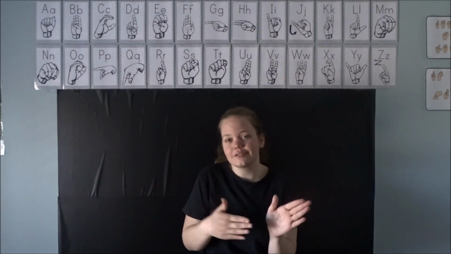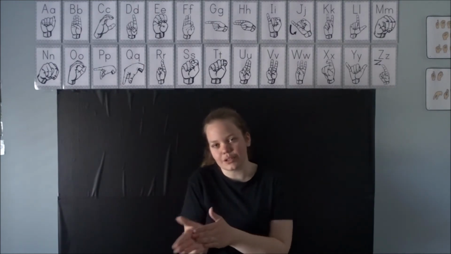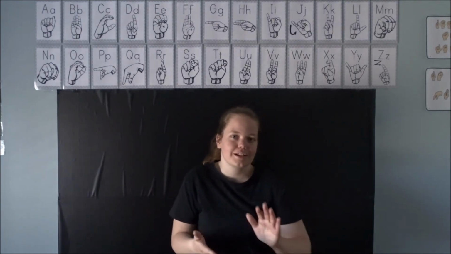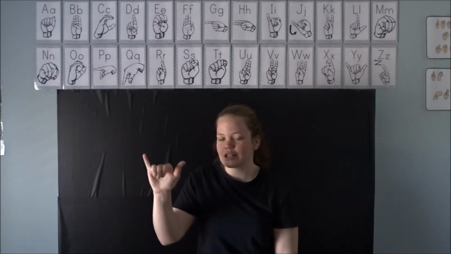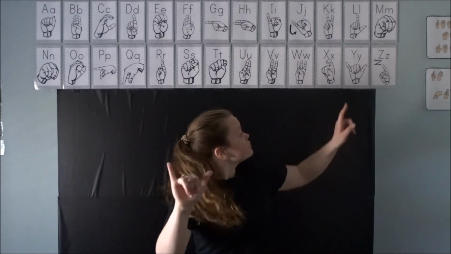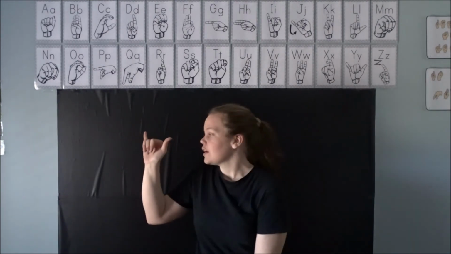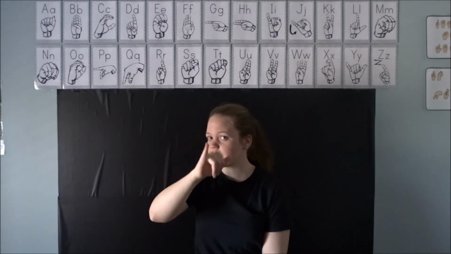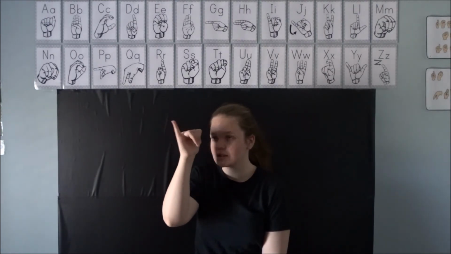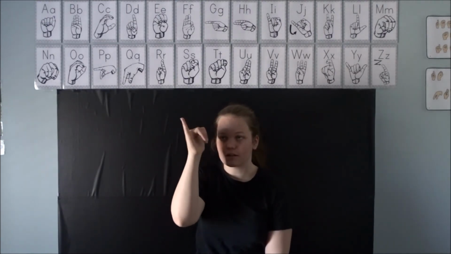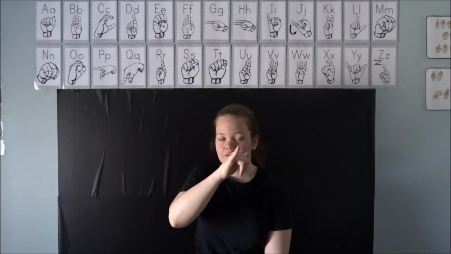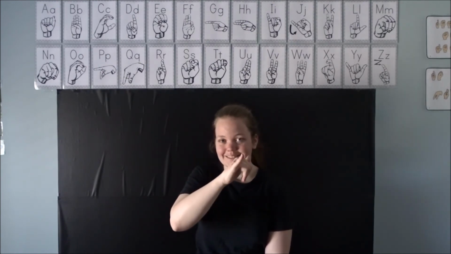We can have fun, but as long as we're following the rules and, you know, doing what we need to do. So for silly, you're going to take your Y hand shape, just like that, and you're going to go in front of your face, just like that. So down, back, and down. Silly. Feeling silly.